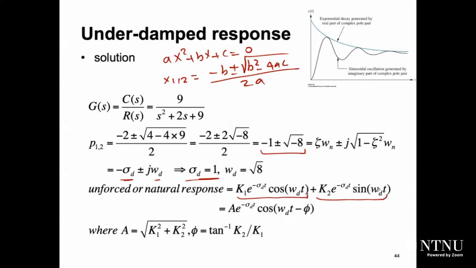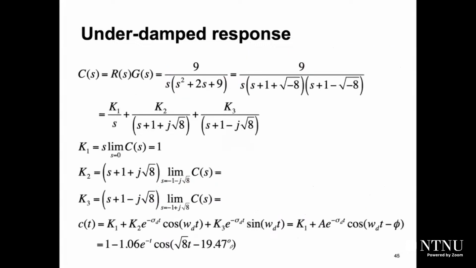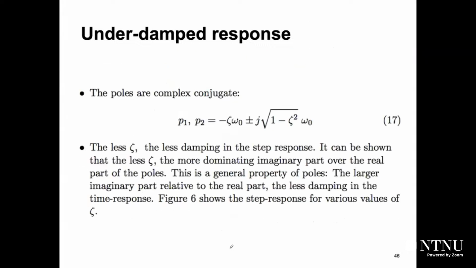Both poles are complex conjugate, and the less zeta, the less damping in the step response. It can be shown that the less zeta, the more the imaginary part dominates over the real part.